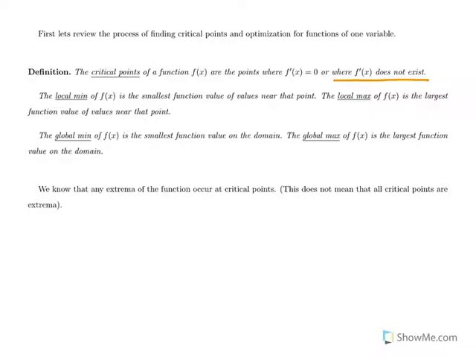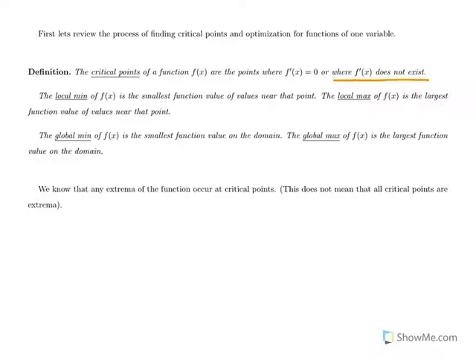So the big thing we learned in Calc 1 is that any extrema of the function have to occur at these special points we call critical points. So if you want to find the mins and maxes of a function, you can find your critical points and know that if there are any, they have to happen at those points. This, however, is not the same as going backwards.